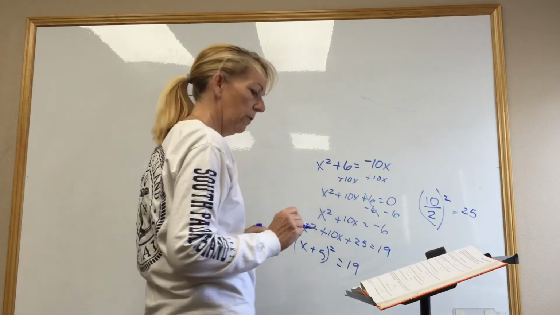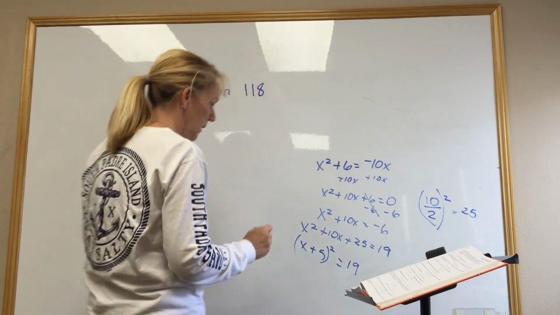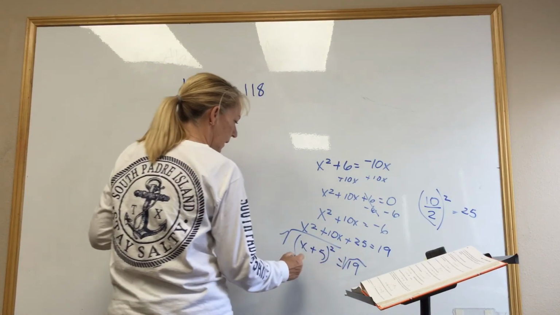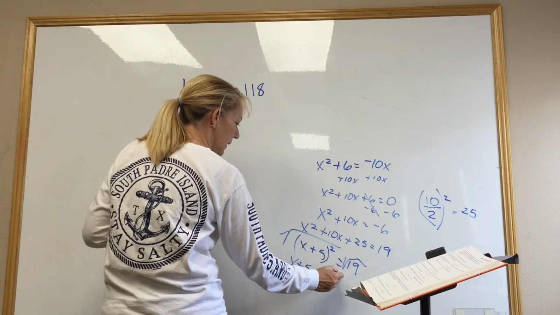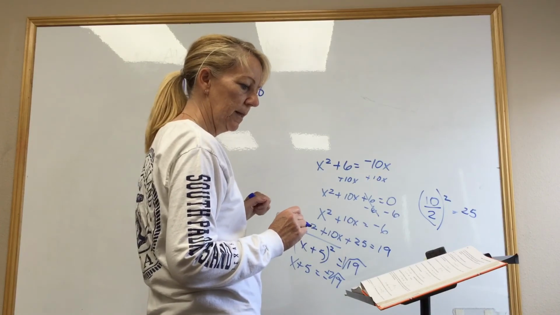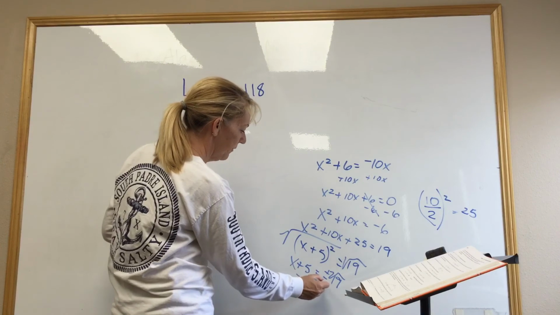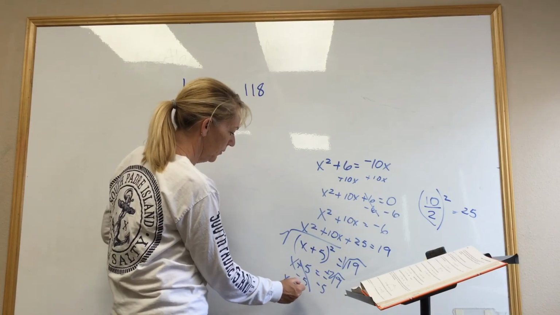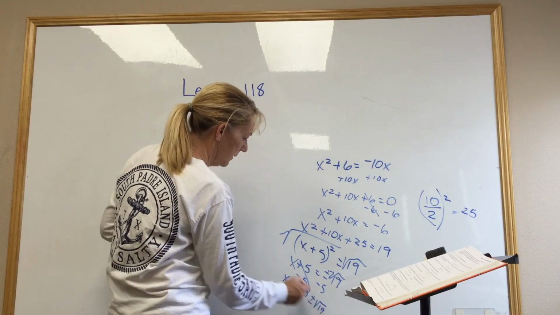All right, and so what we want to do now is take the square root of both sides to get rid of the square. So x plus 5 equals plus or minus the square root of 19. So that is the answer. I could move the 5 over here so x is isolated. So x equals negative 5 plus or minus the square root of 19.